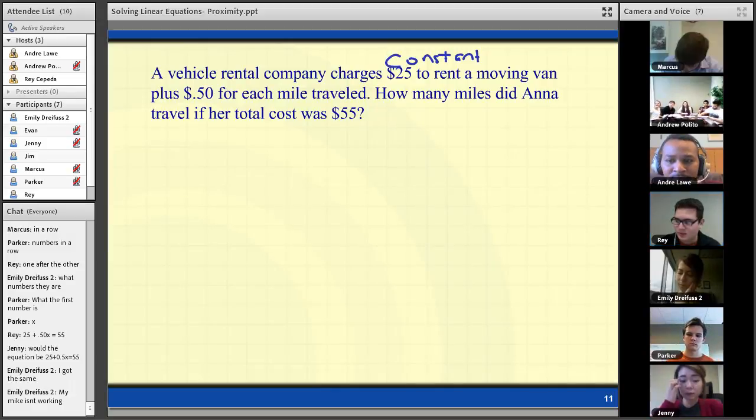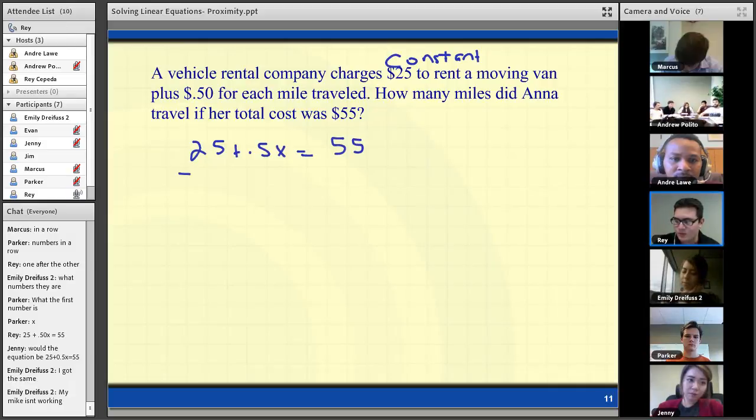I ended up moving the 25 that was on the left-hand side, and I subtracted that from 55, and I ended up at 30. I then divided by the 0.5, moved it to the other side, and I ended up with 60 as my answer, 60 miles.